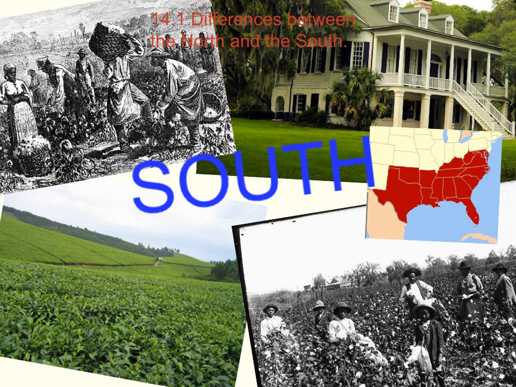Only about 1/4 owned slaves. And of the 1/4, most of them only had 5 or 7 slaves. It was only about 5% of that 1% that would have owned 50 or more slaves. It was a very small number.